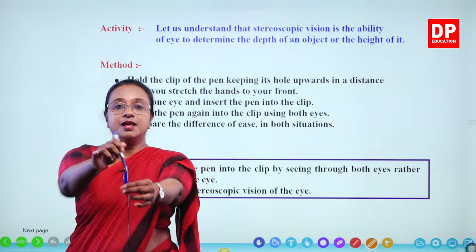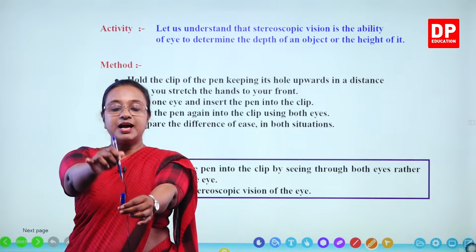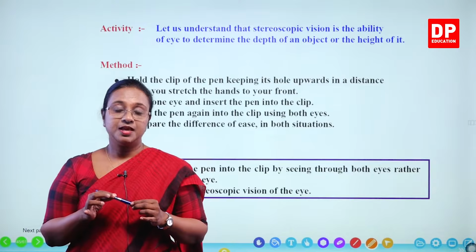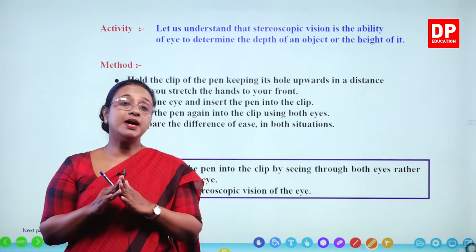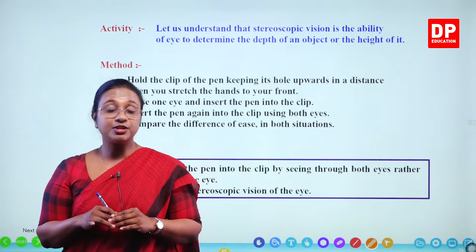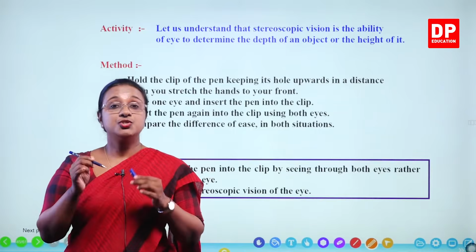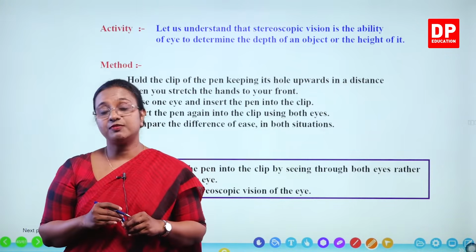It's difficult. But if I have both my eyes open, I can easily place it into the cap. That is the stereoscopic vision. With both my eyes open, I have the binocular vision that provides the stereoscopic vision. So, I can easily judge the depth or the height of the object.